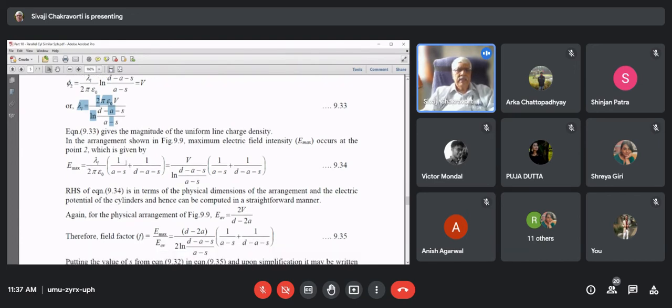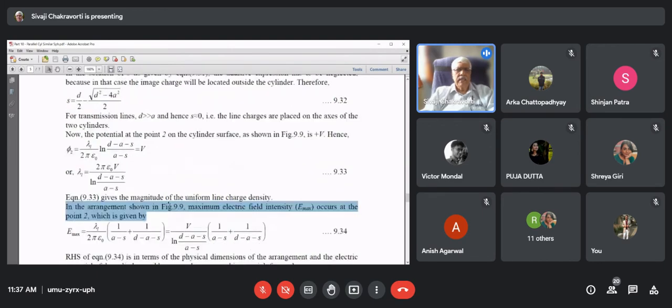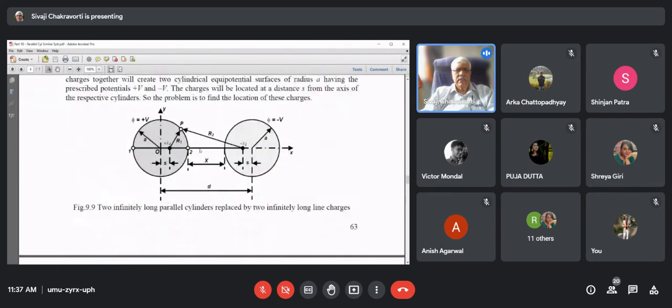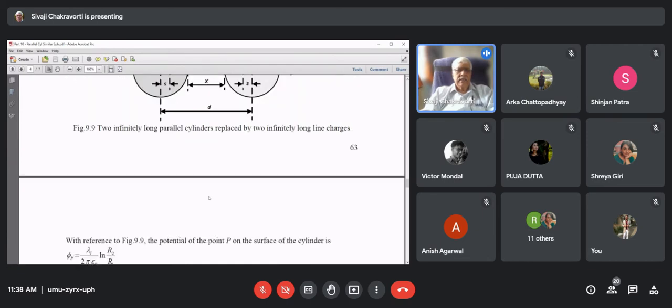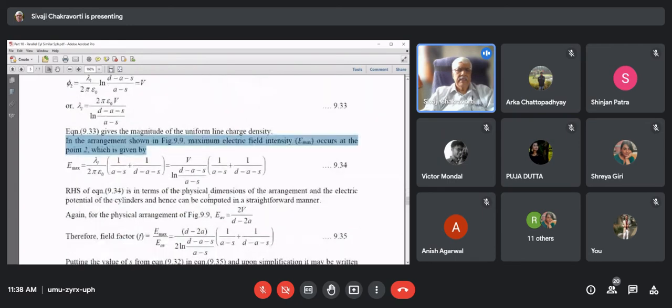And therefore, if I consider what is the maximum electric field intensity in this system, well, the answer is very simple. The maximum field intensity occurs at the point 2, where the distance between the two cylinders is minimum, and that minimum distance is nothing but x. And x is nothing but d minus 2 times the radius, d minus 2a. And how do I find the field intensity at this point?